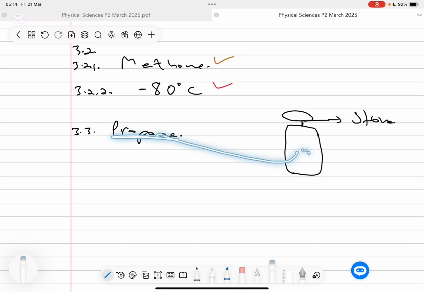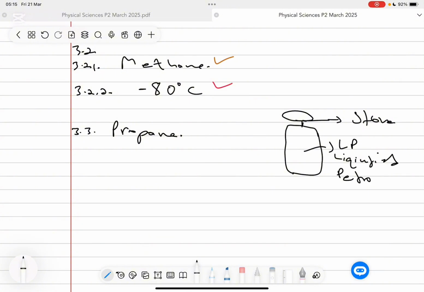So inside of that tank is a gas called propane. Some of this is actually butane. So either butane or propane, and we use that for cooking. So that's simply your answer. And this gas is stored inside as what we call LP. LP would mean liquefied petroleum.